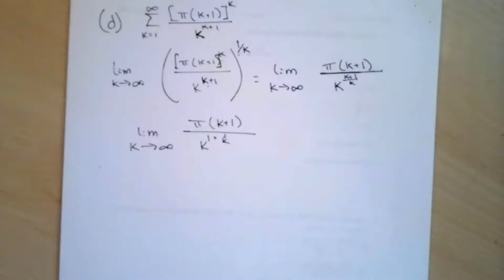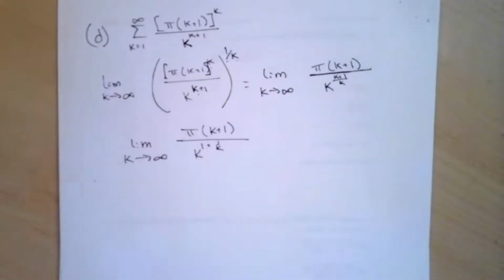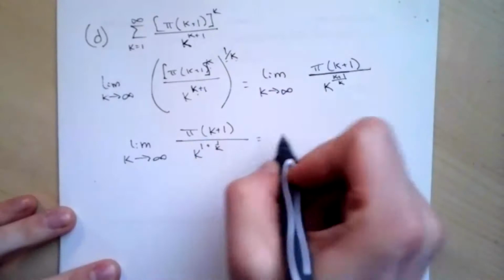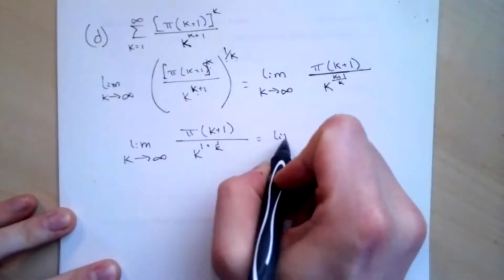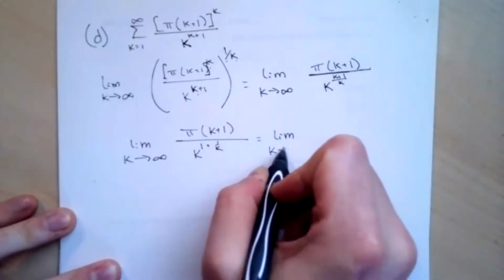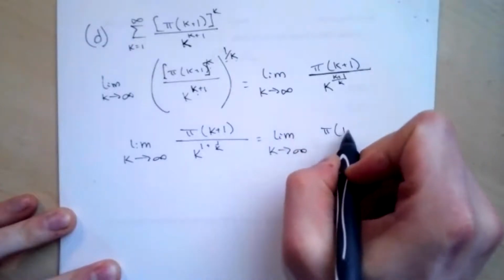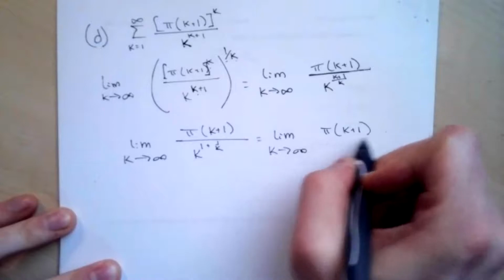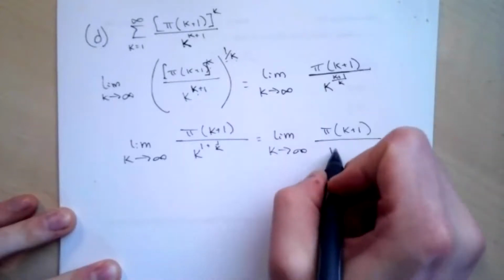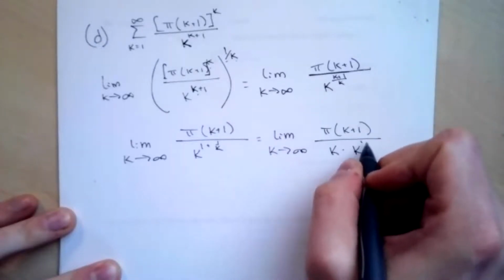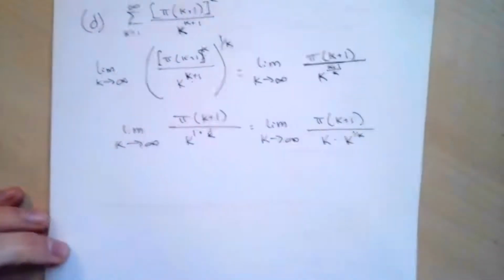Couldn't you just split the k's in the denominator? So it would be like k multiplied by k to the power of 1 over k. Yep. If you think that helps.